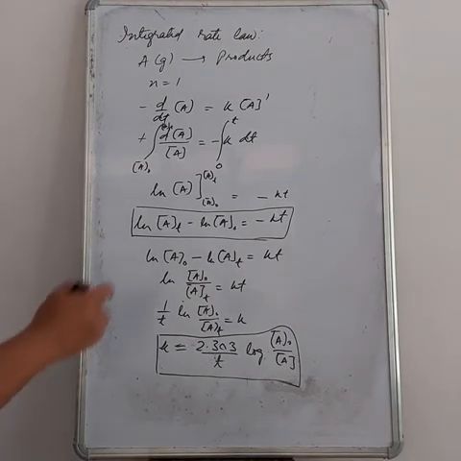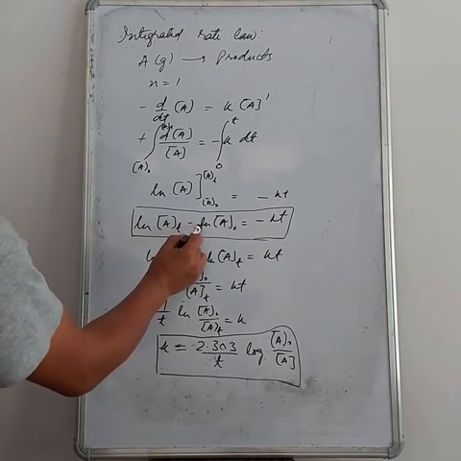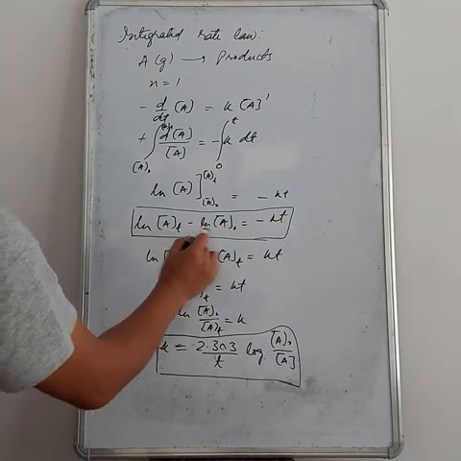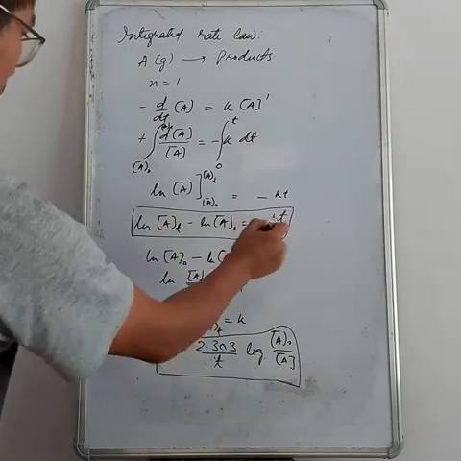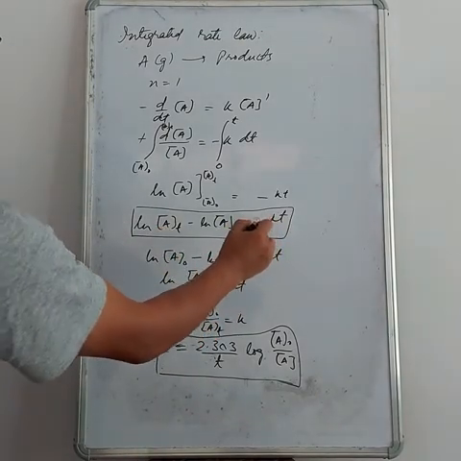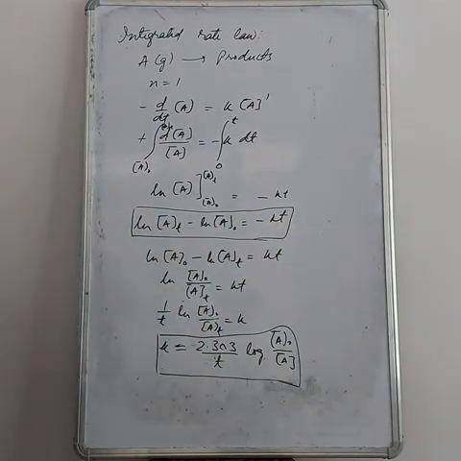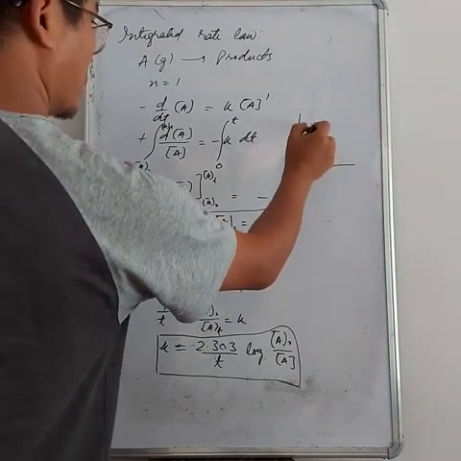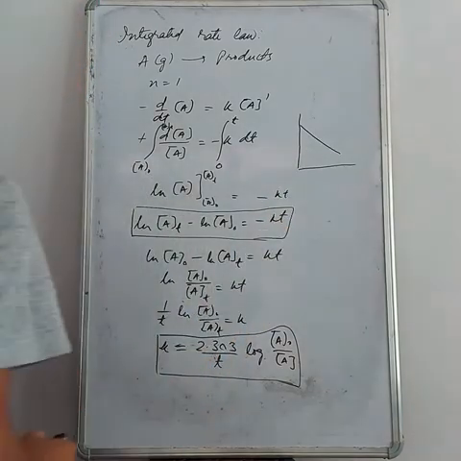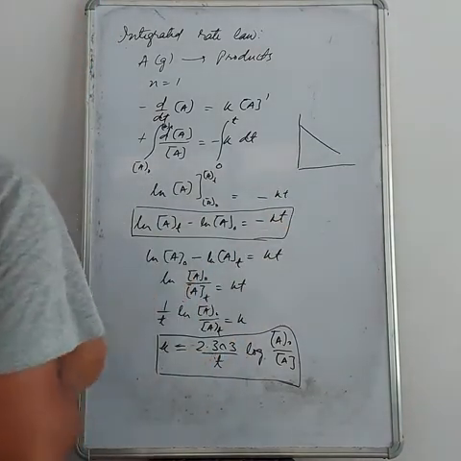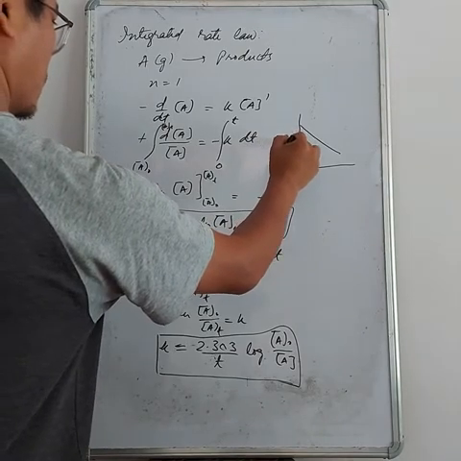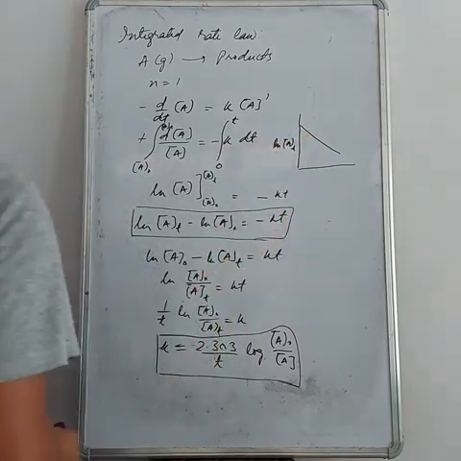And again, you can see that if you move this negative log of A naught to this side, then we are getting y is equal to mx plus c, a straight line, but with a negative slope again, because we have a negative here. So our graph will be a negative, straight line, and here on the y-axis will be the natural log of the concentration A at time t.